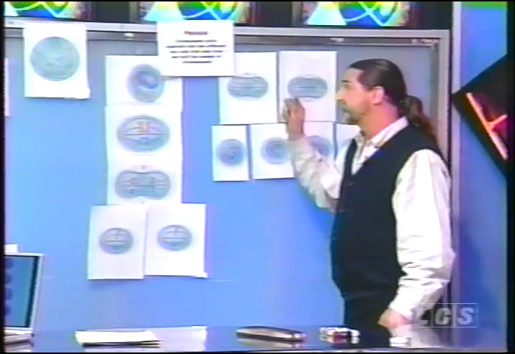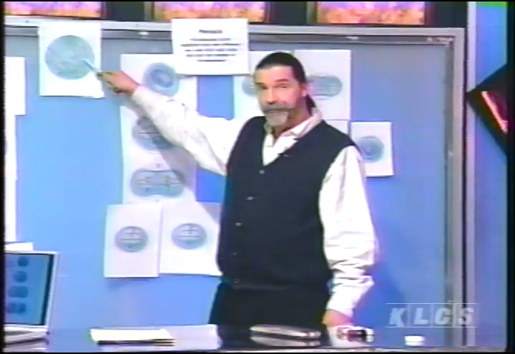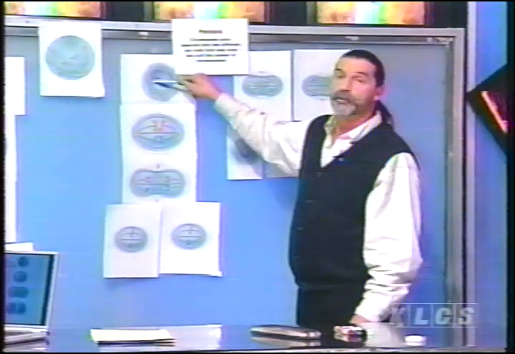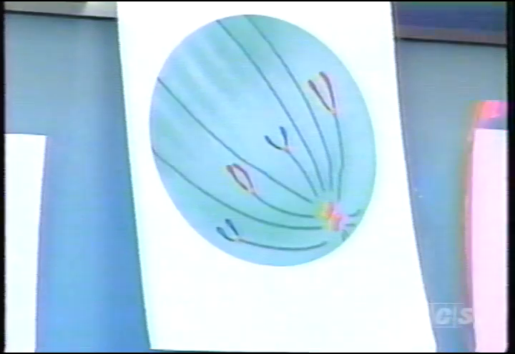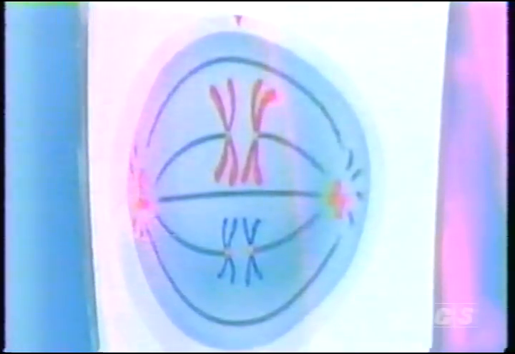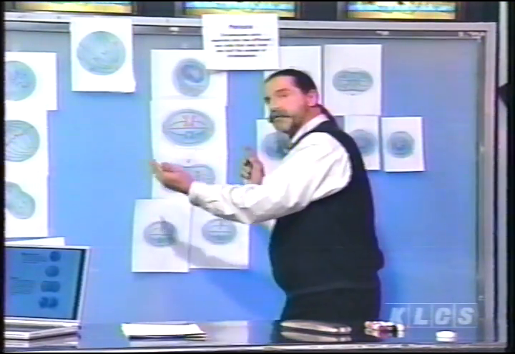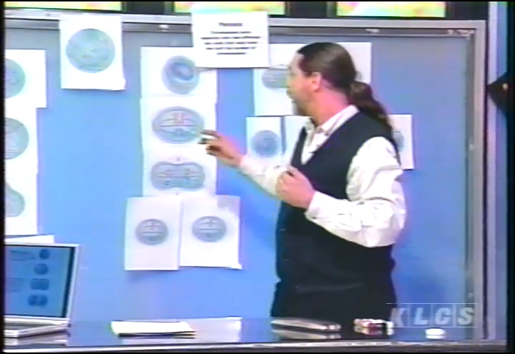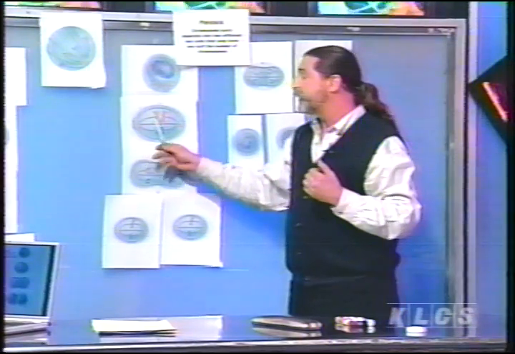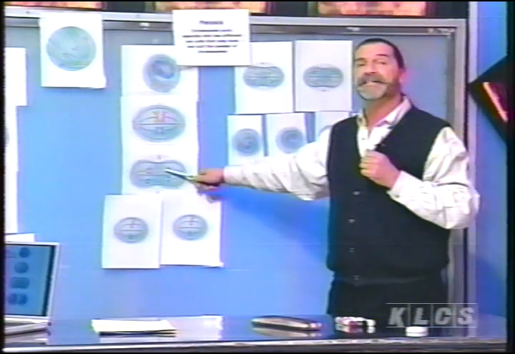Meiosis, on the other hand, starts off with a diploid cell. The chromosomes duplicate in the nucleus. They line up, but they line up totally different than the cells do in mitosis. They line up so that the actual pairs of chromosomes are separated. And during the first cell division, we end up with a cell that is haploid.